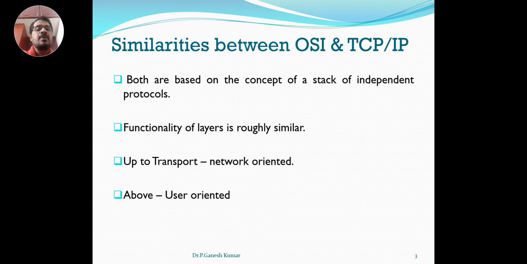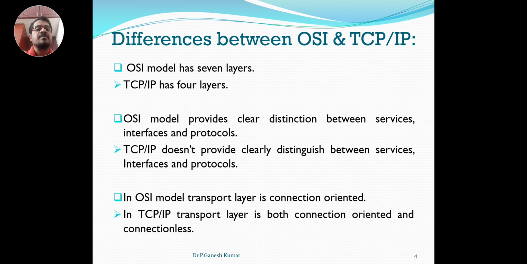Above the transport layer, the layers are application oriented, that is, user oriented. The user can use whatever protocol they want according to their needs. These are all the similarities of OSI and TCP/IP.